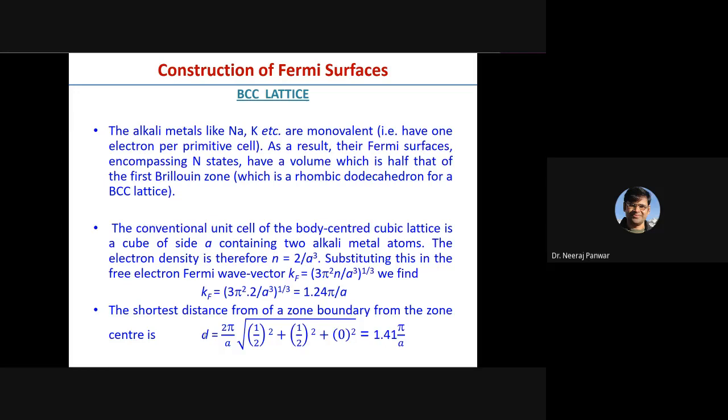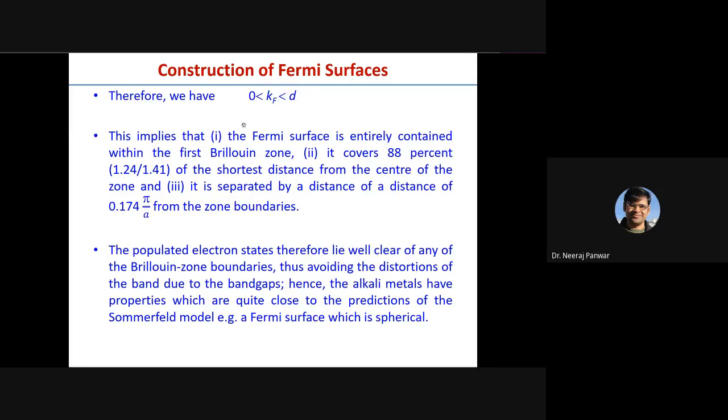So this d represents the distance from the origin to the zone boundary, and Kf is the radius of the Fermi sphere or Fermi circle. You can see that Kf is smaller than d. That's why the Fermi sphere or Fermi circle will lie inside the first Brillouin zone. This implies the following facts.